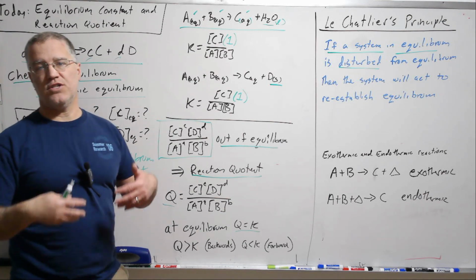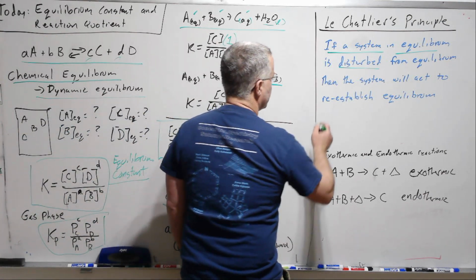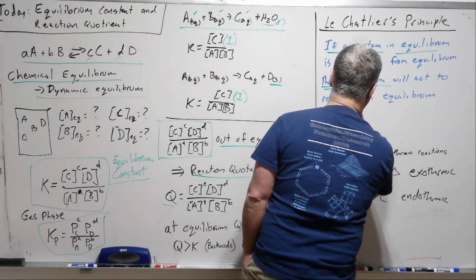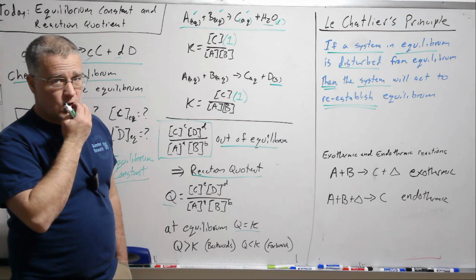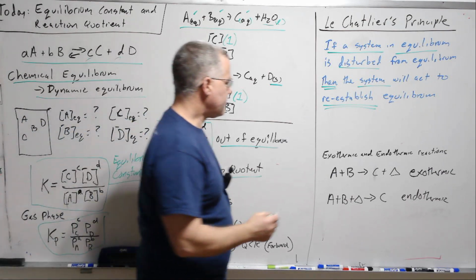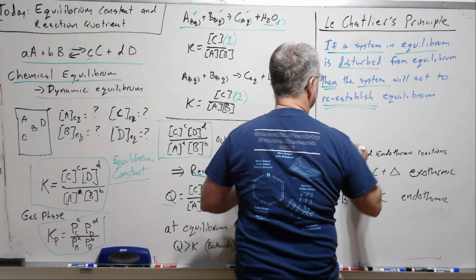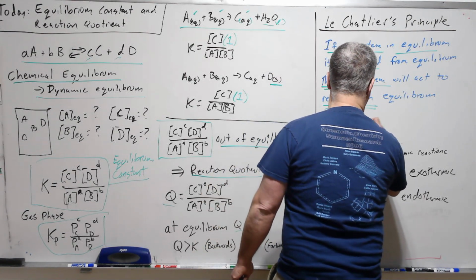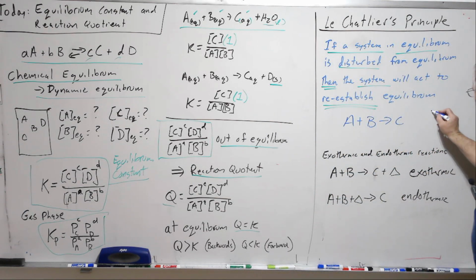We do something to disturb the equilibrium. And Le Chatelier's principle says the system will then act to reestablish the equilibrium. So what does that mean? If we've got, say, A plus B goes to C, let's write the equilibrium constant for that.